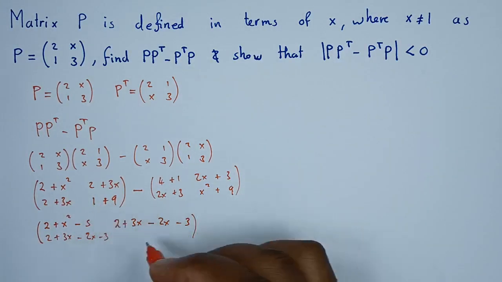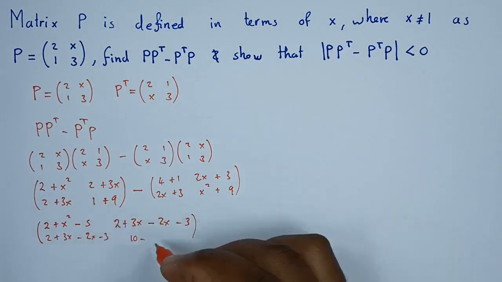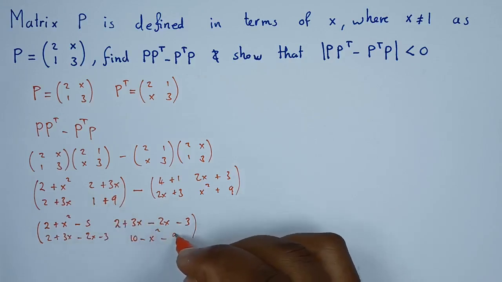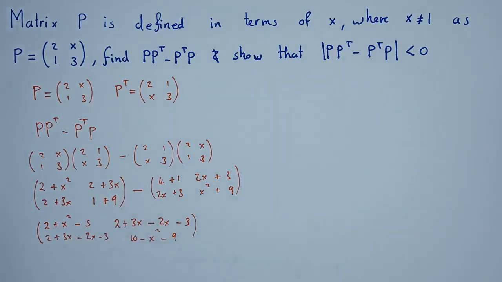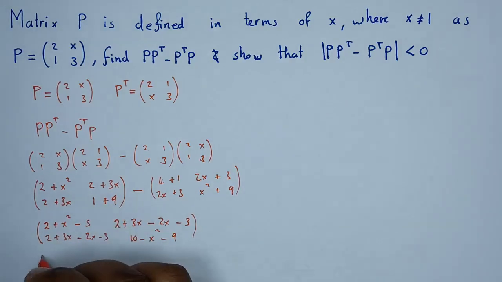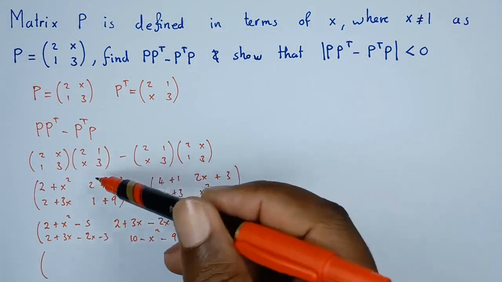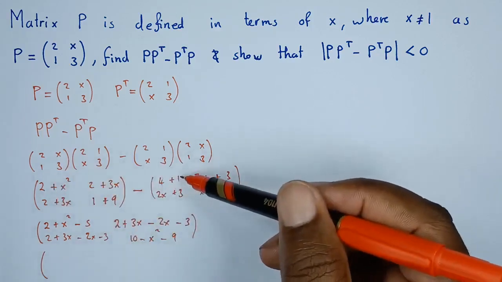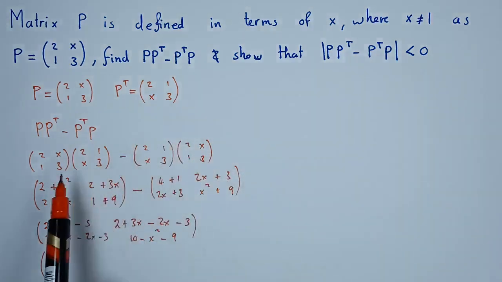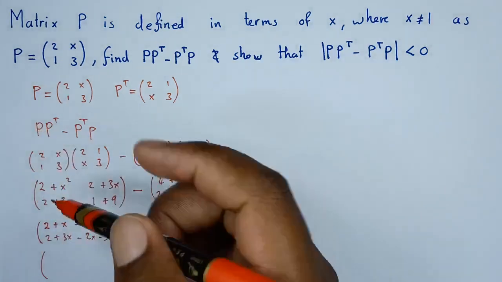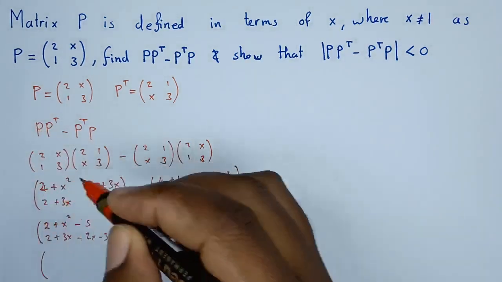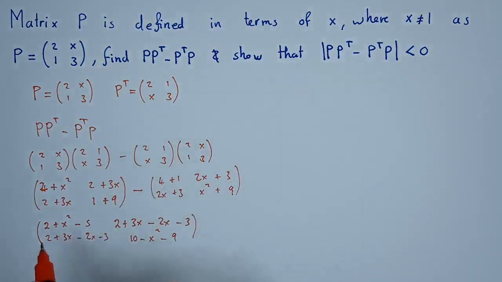Then this is a 10, so that will be 10 minus x squared minus 9, something like that. Something is wrong. We're supposed to say this minus that, which is a 5. Okay, that's fine. So 2 times 2, we made the mistake with the first part here. It's supposed to be 4.